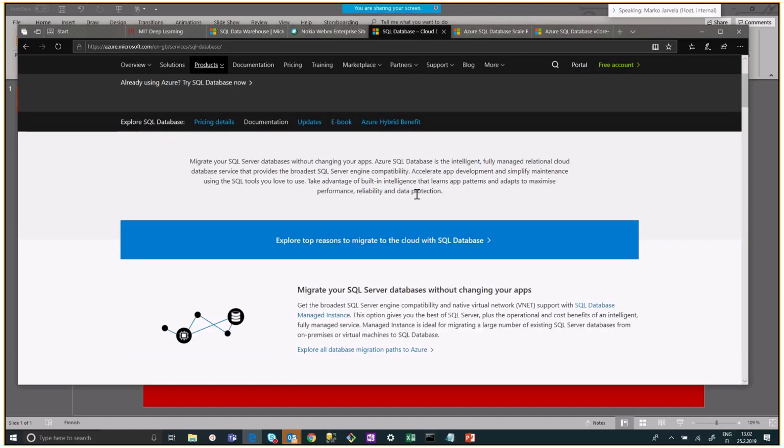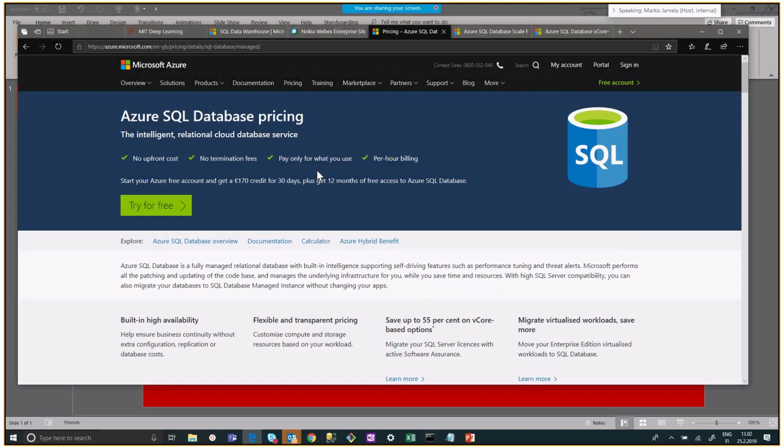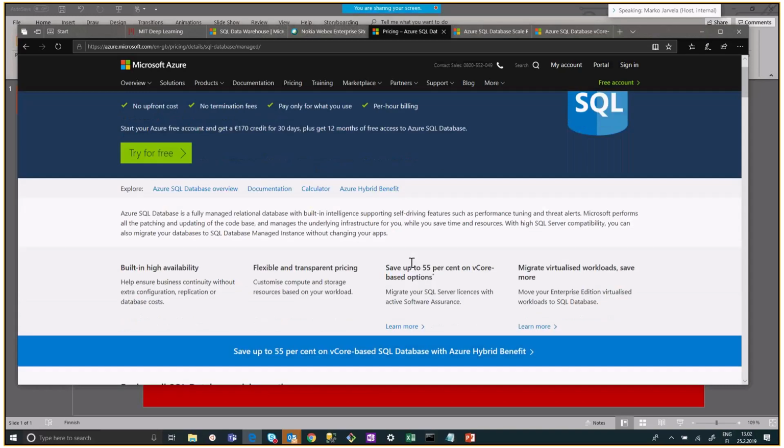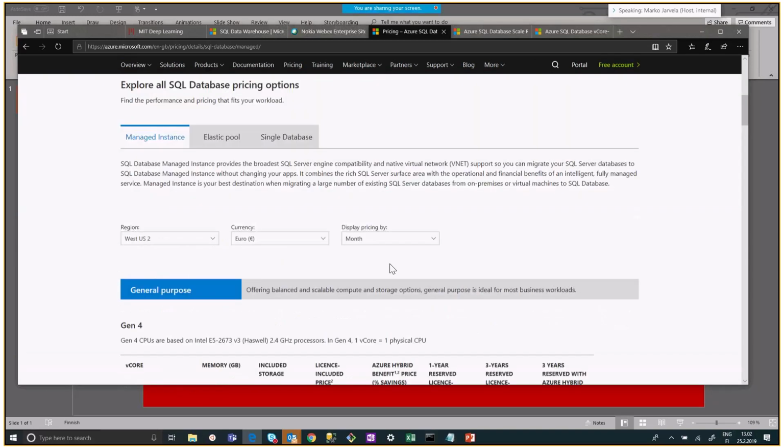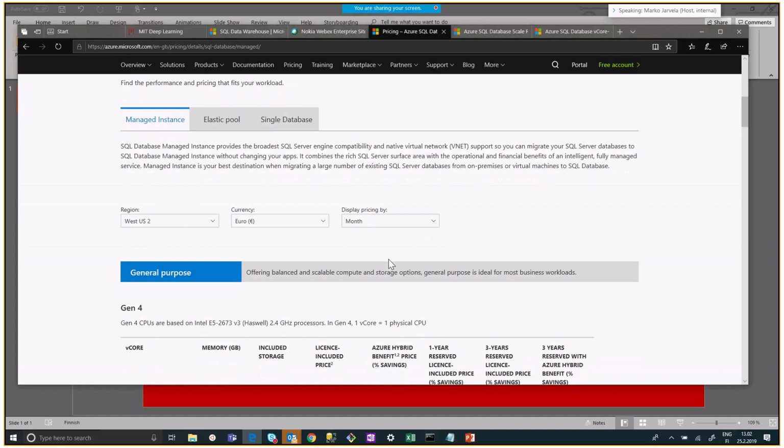Hyperscale SQL is a new offering that came a few months ago, and it's there to solve one issue, which was the scaling of the standard SQL database.